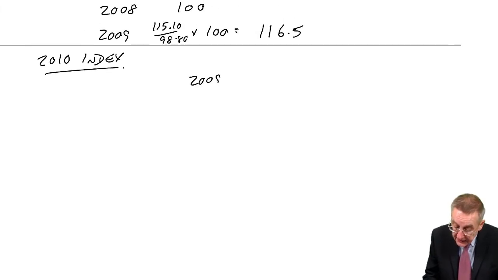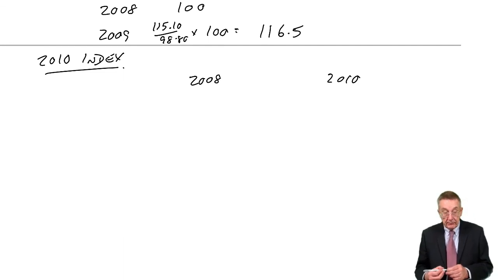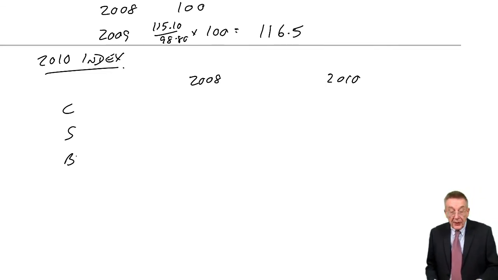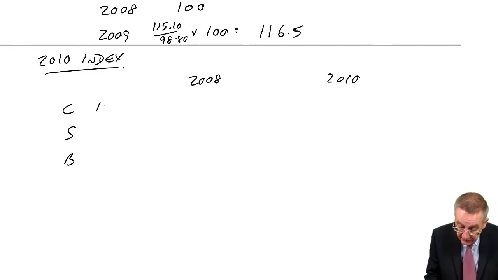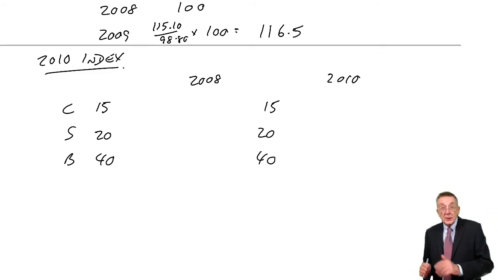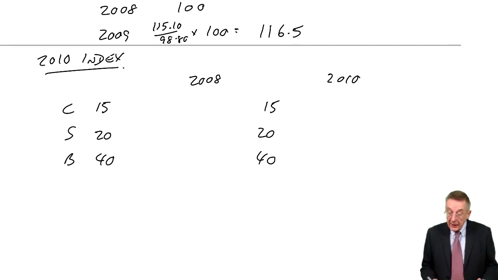Remember, 2008 is the base, and we're trying to work out the index for 2010. So, with Paasche, we take 2010 quantities, which are 15 coffee, 20 sugar, 40 bread, and we compare the 2010 price with the 2008 price.